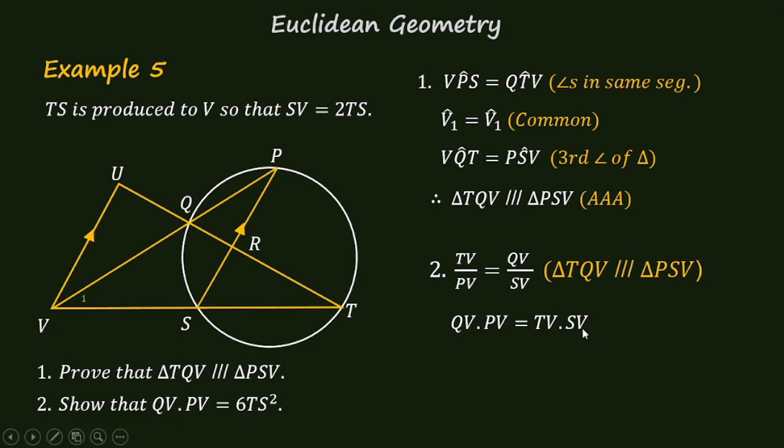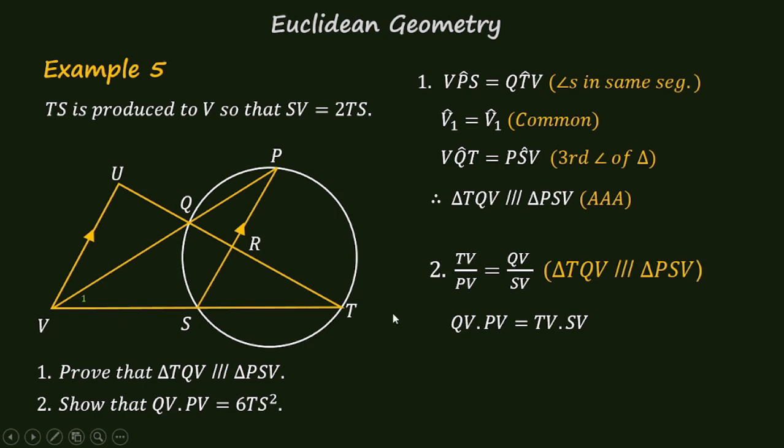Now let's revisit what we have already been given. We were told that the side SV is 2 times the side TS. That means TV, the whole TV, will equal 3 TS. See, I have 1 TS, I have 2 TS.